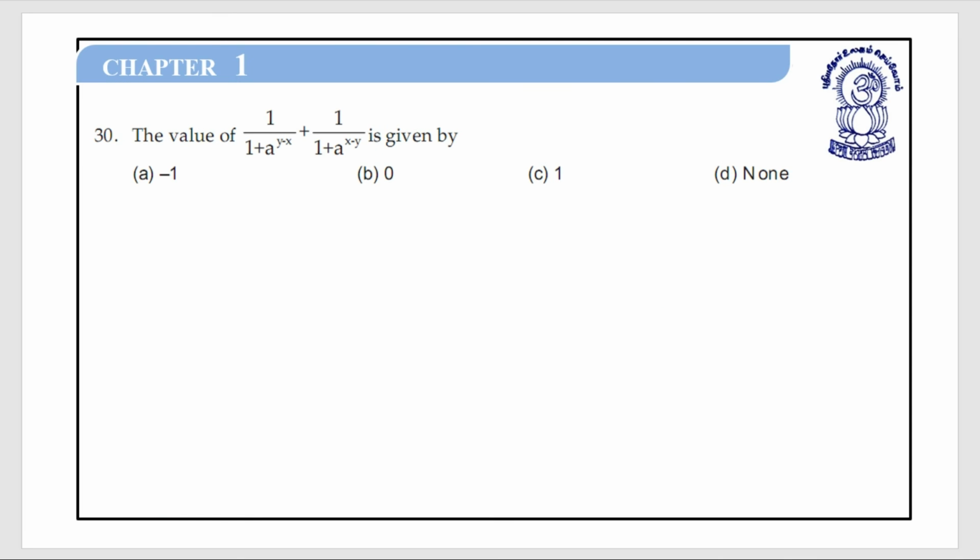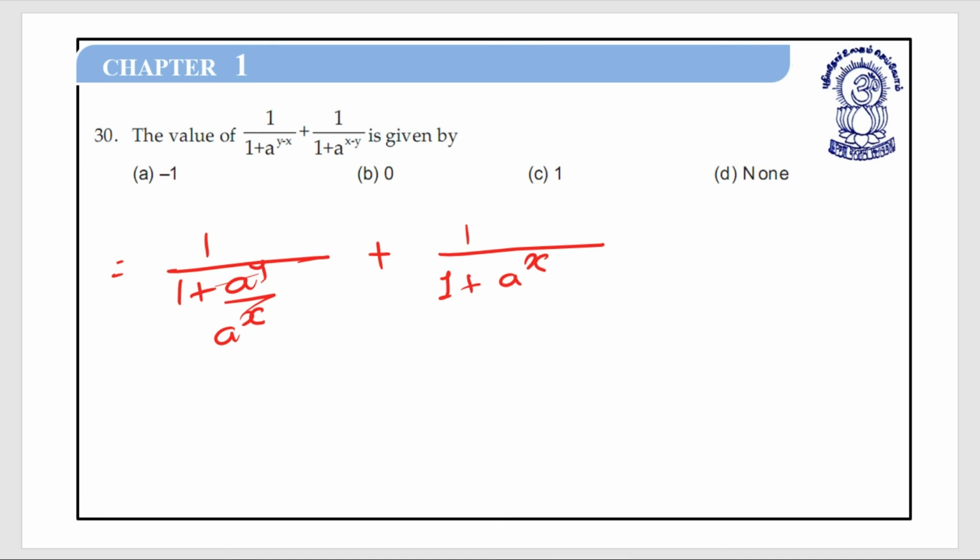Now, next question, question number 30. The value of 1 upon 1 plus a raised to y minus x plus 1 upon 1 plus a raised to x minus y is given by. So 1 upon 1 plus a raised to y upon a raised to x plus 1 upon 1 plus a raised to x upon a raised to y.